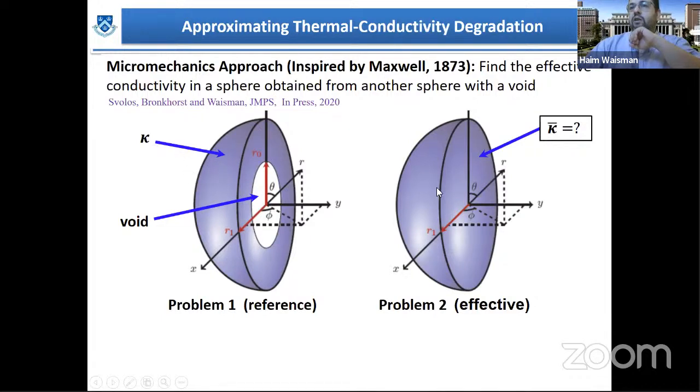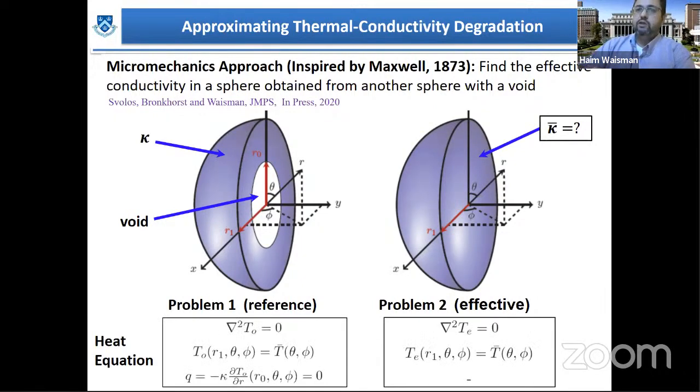And on the other hand, we'll define another problem with a full sphere where we basically want to find what is the effective thermal diffusion in this other sphere, right? So this void is going to be growing. And based on how this void grows, this is how we're going to find our effective thermal conductivity. So in some sense, this is kind of a homogenization problem, which is solved analytically.